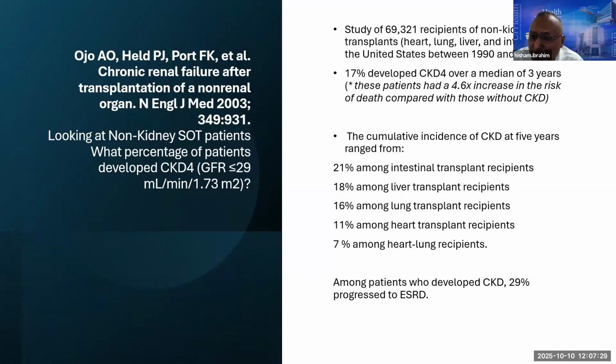16% of lung transplant. I would have expected the lung and heart transplants to have worse outcomes because we usually use higher immunosuppression, higher tacrolimus and cyclosporin goals in these patients. But I was surprised to see that the liver transplants actually had more than the lung and heart transplant patients. So they have a very high incidence of chronic CNI toxicity, even at 5 years out.